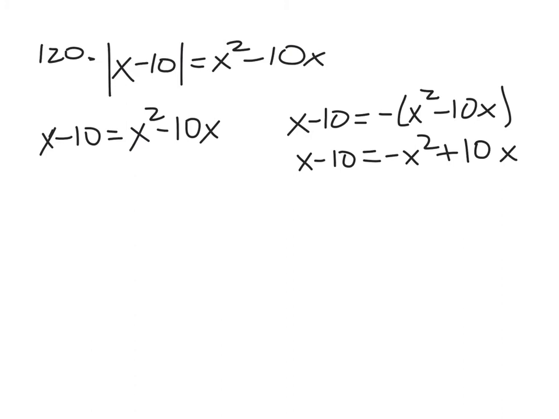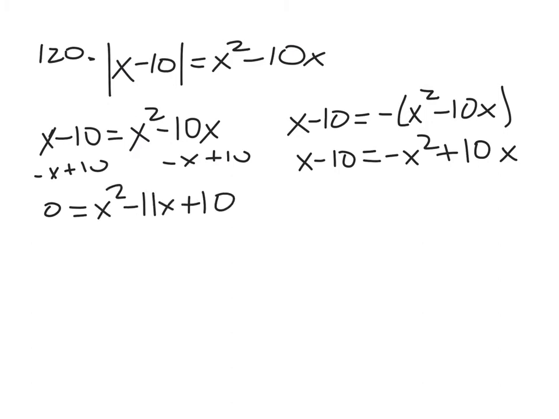All right, so anytime you get a squared term, you should get everything set equal to 0. So I'm going to move everything to the left on this first one. So I'm going to add 10x and I'm going to subtract x. So then 0 equals x squared minus 11x plus 10. You are always welcome to do the quadratic formula, but this one factors, which is much quicker, so I'm going to do that. Because factors of positive 10 that add to give you negative 11.